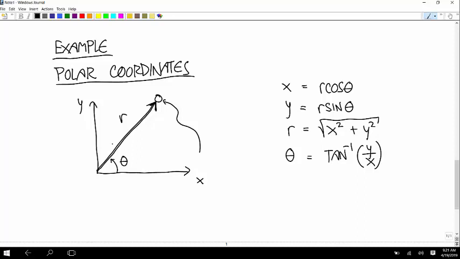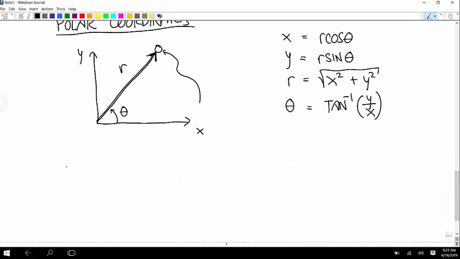When you are using an x, y coordinate system, your coordinates are the vector components of the position, right? The coordinates of the object are the components of the position vector. But that's not true anymore. The polar coordinates are r and theta.